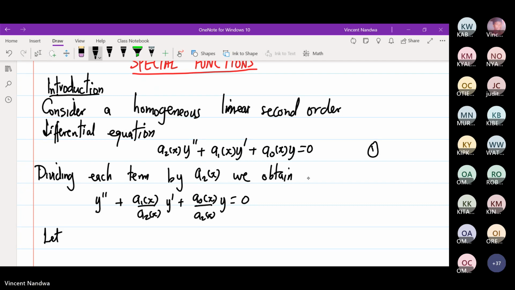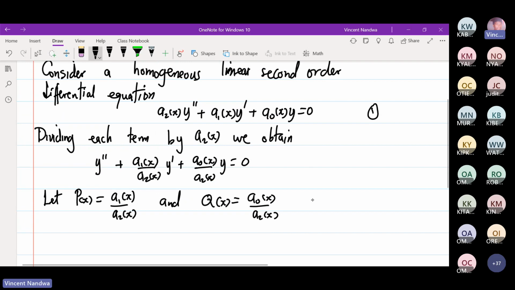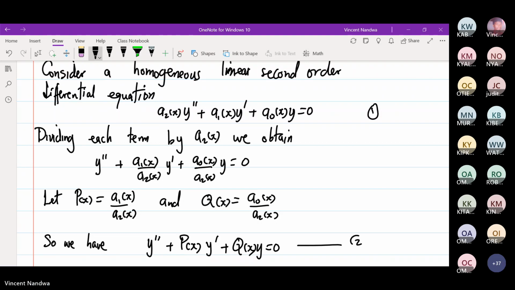Then we can let p of x be the quotient a1 over a2, and let q of x be the quotient a naught over a2. So we have y double prime plus p of x y prime plus q of x y equals 0. Let's name this one equation 2. So we can say 2 is the standard form of equation 1 after making the coefficient of the second derivative 1.